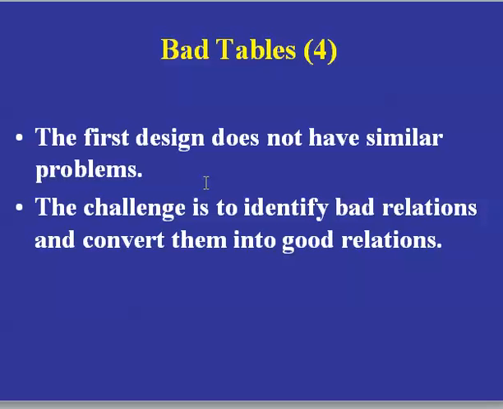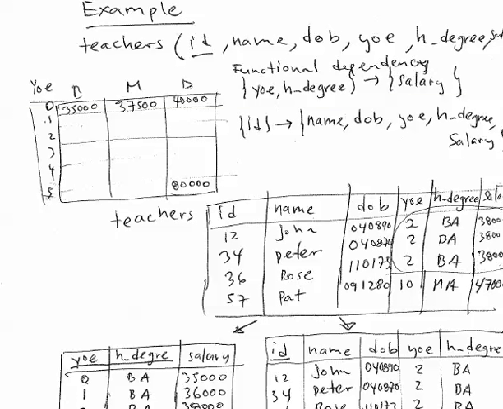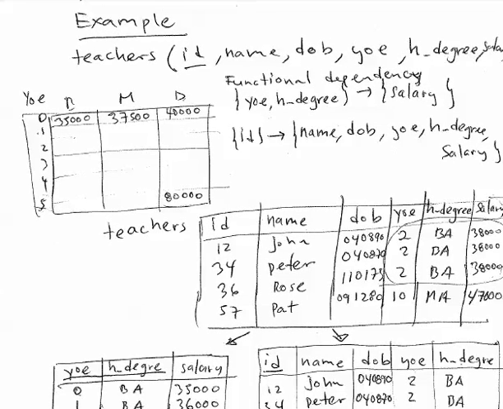Now I will give you an additional example. This is one of the examples that I like. For this example, I have a table, teachers, with an ID, name, date of birth, years of experience, height, degree, and salary.